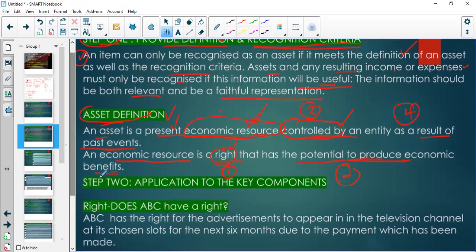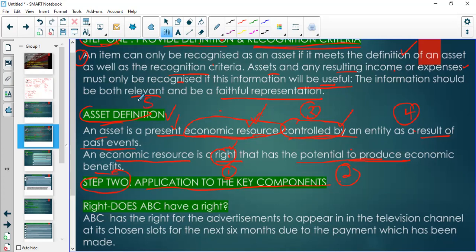Right. Then step two, we now want to apply those key components that we've been talking about. So it's actually 6 key components. For an asset, it's the right, then the potential to produce economic benefits, then control, then past events, then relevance.